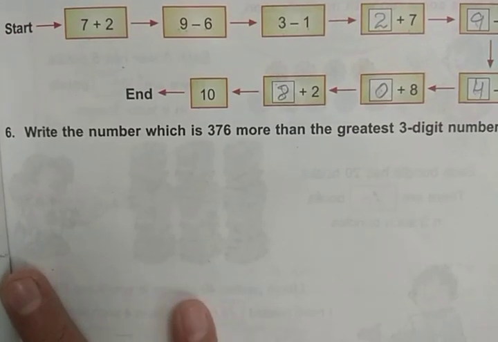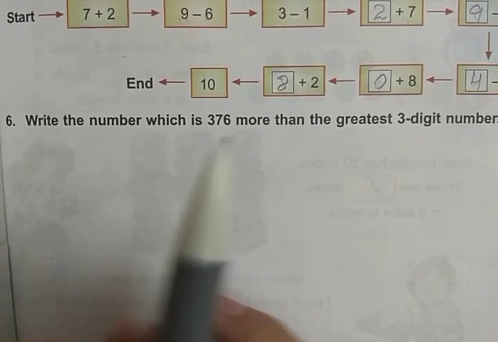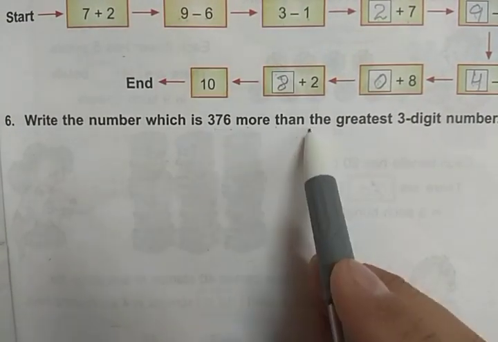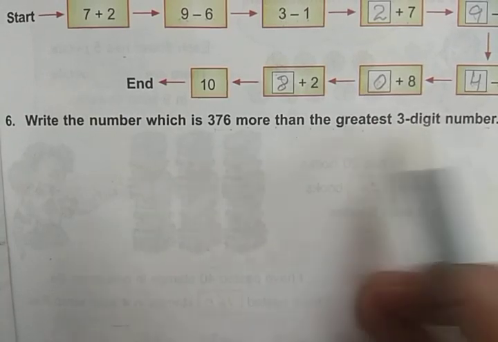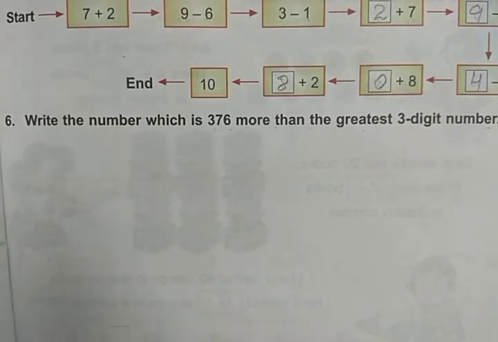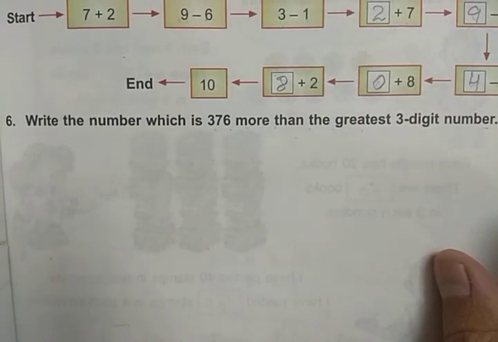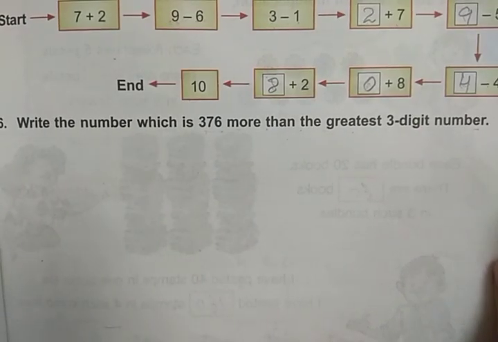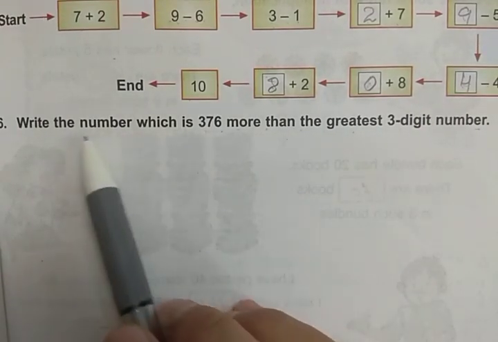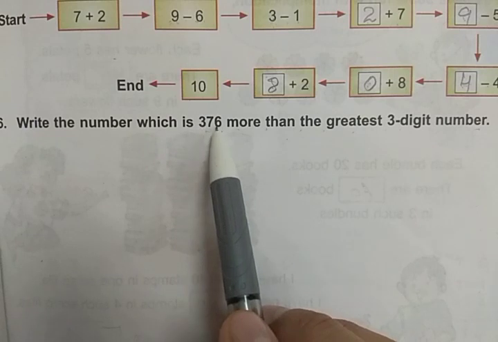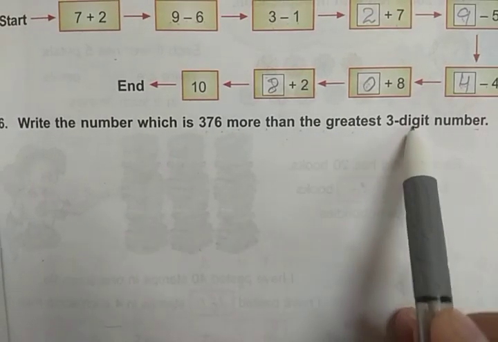Now the last question is: write the number which is 376 more than the greatest 3-digit number. Here try to understand the question. Write the number which is 376 more. We have to write the number which is 376 more than what? The greatest 3-digit number.